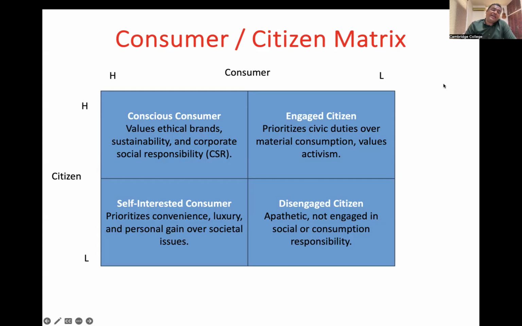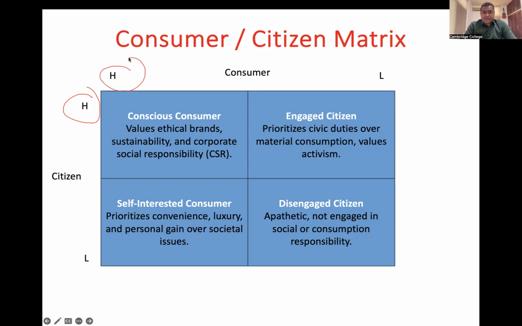So if you are a highly engaged citizen towards societal marketing, let's say as a citizen you are highly engaged to foster societal marketing, sustainability marketing. And you are also highly engaged when you buy products.